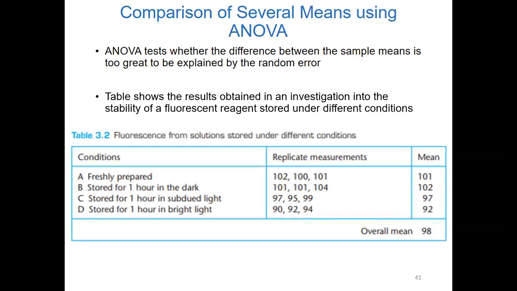Okay, let's take this example. There's a table with results obtained in an investigation into the stability of fluorescent reagents stored under different conditions. So here we are testing a fluorescent reagent, using the spectrofluorimeter to do the analysis.